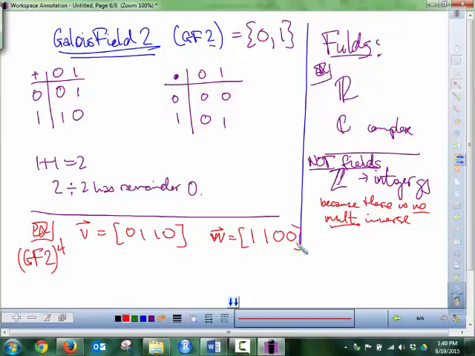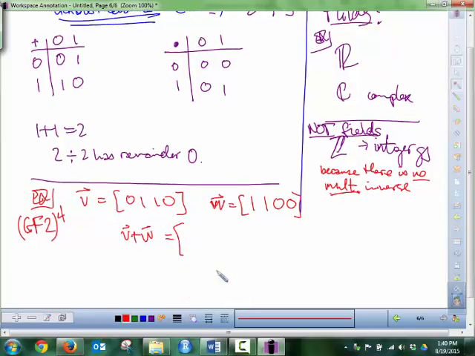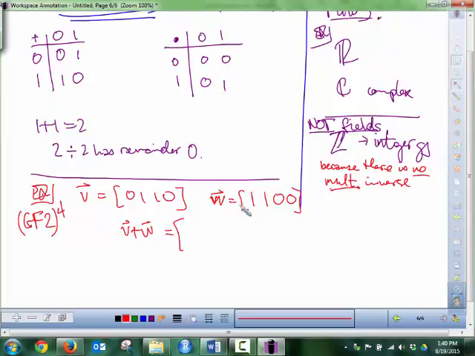I can think about adding these vectors because I have this addition table now. So if I were to add them, let's do this carefully. I have 0 plus 1 in the first component. And here, since I'm adding, I'm going to put commas just to be clear. 1 plus 1, 1 plus 0, and 0 plus 0.